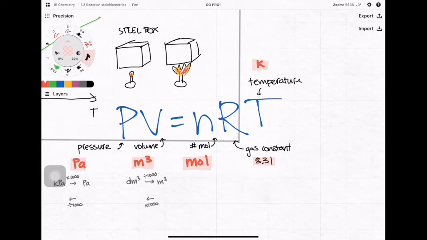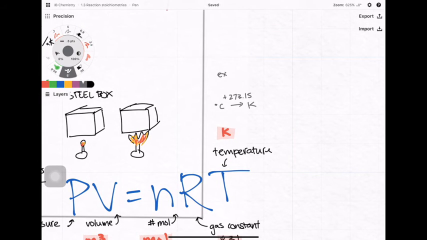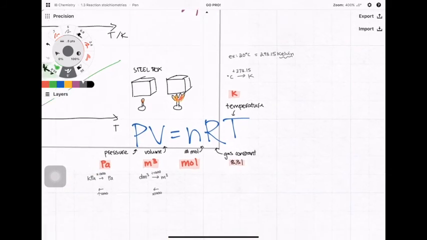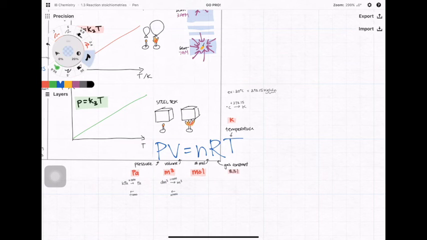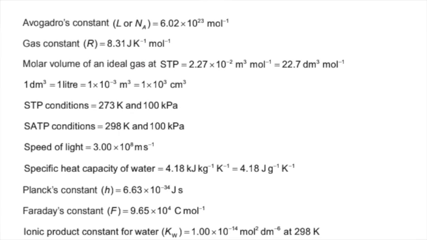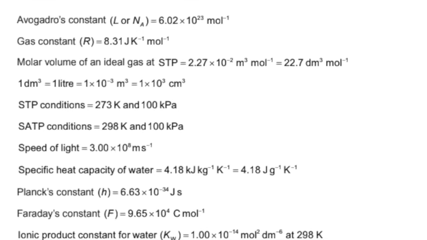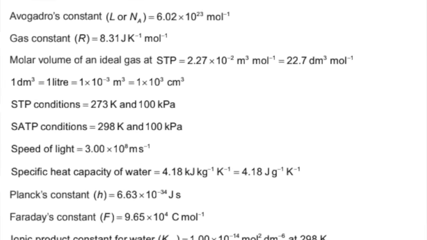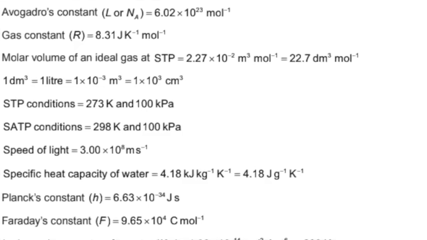If you have degrees Celsius, in order to convert it into Kelvin, you add 273.15. So again, the calculations here are not difficult. They're multiplying or dividing. The tricky thing here is remembering to convert to the units that this equation requires. And it requires those specific units because of the units for the gas constant. Again, I'm showing you what you don't need to memorize. You can find a lot of these values in the data booklet.